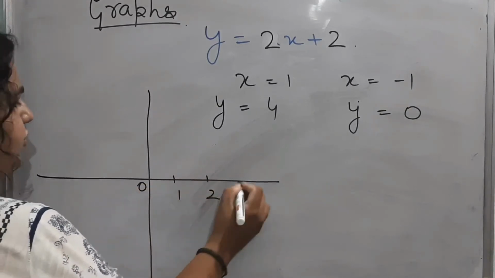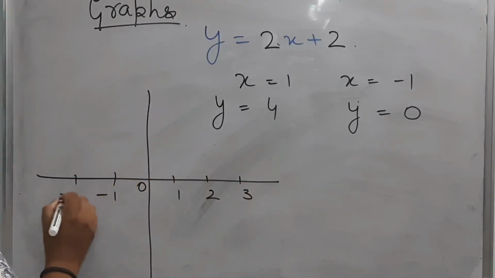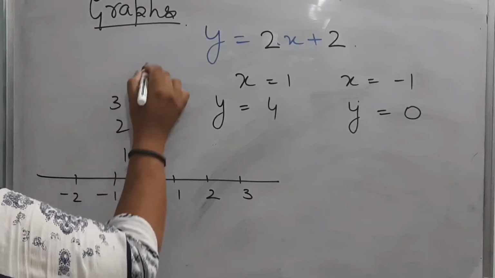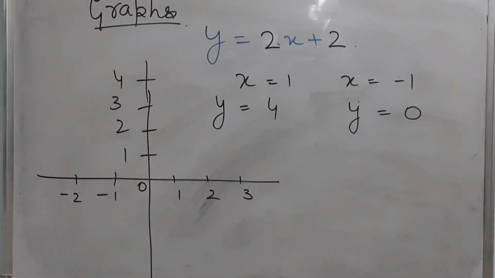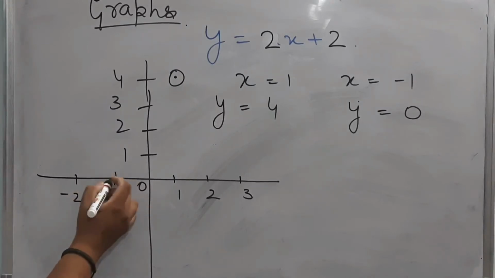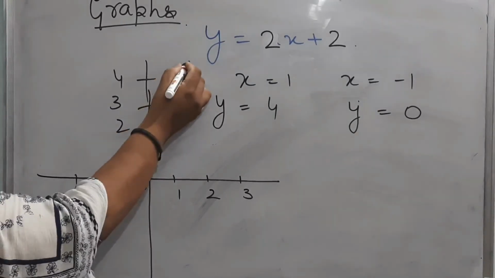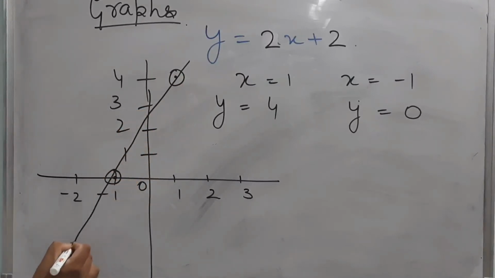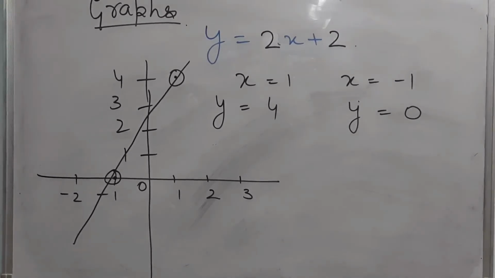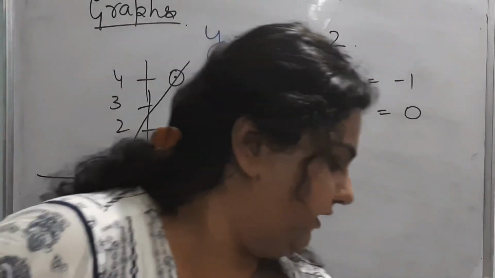This is 1, 2, 3, and this is minus 1, minus 2. This figure will not be accurate because I am not using graph paper. When x is 1, y is 4, and when x is minus 1, y is 0. So this is your straight line. Whenever we get any linear equation, we get a straight line. I think the concept is clear to you.